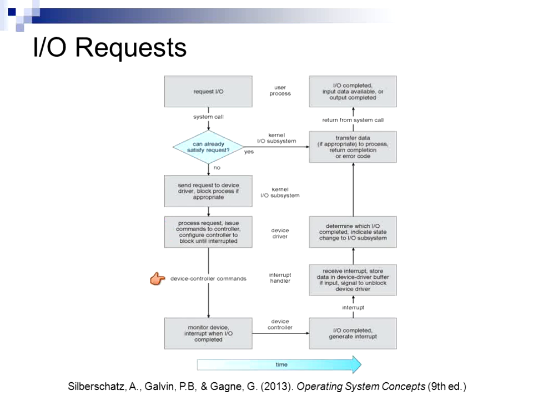The device controller gets involved. When the device is finished, it generates the interrupt, which then will, again, move up the stack to the interrupt handler, to the device driver, transferring the data to memory, and then finally your process would be signaled that your I/O was complete.